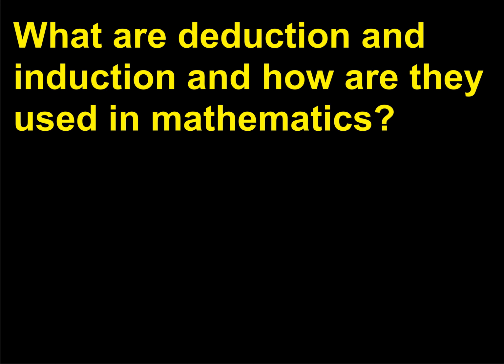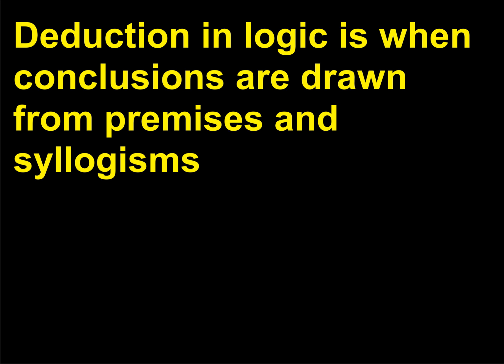What are deduction and induction and how are they used in mathematics? Deduction in logic is when conclusions are drawn from premises and syllogisms. For more information on these terms, see above.